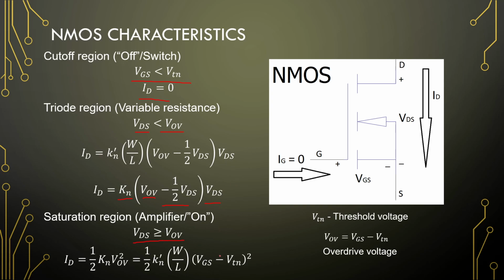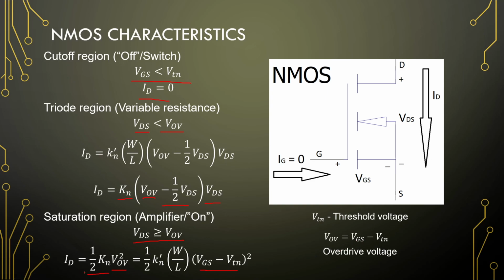If you get in the saturation region, or when VDS is larger than our overdrive voltage, we can use it as an amplifier. Then the drain current is half times the transconductance multiplied by the overdrive voltage squared, or the larger equation if you want to include the width and the length, or write out the overdrive voltage in terms of VGS and VTN.